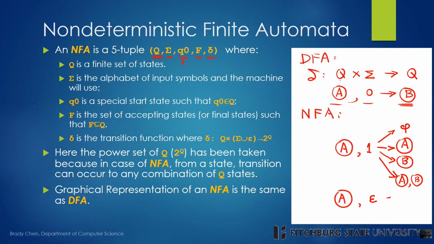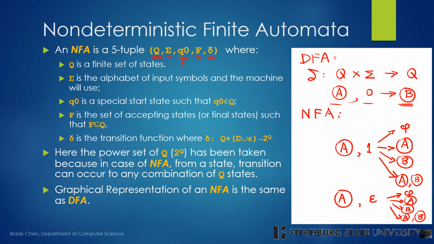And then it can also lead to maybe nowhere, or A, or B, or C, or A and B, or A, B, and C. So there are all these possibilities, okay? So the destination is not uniquely defined.